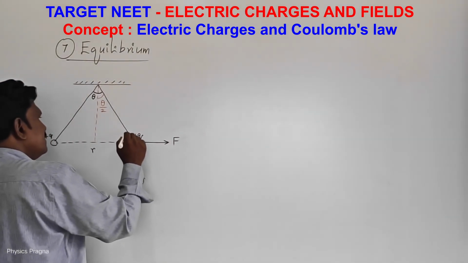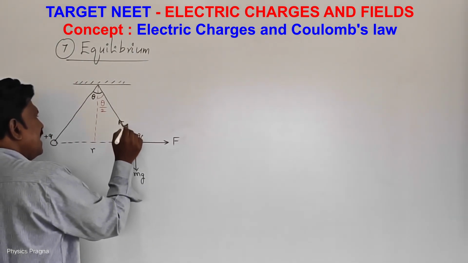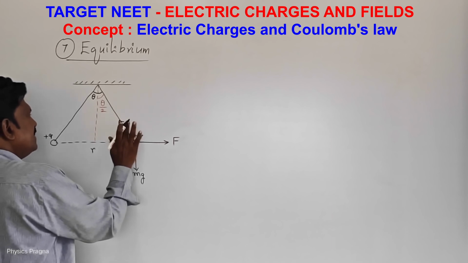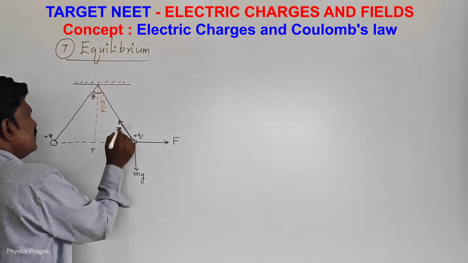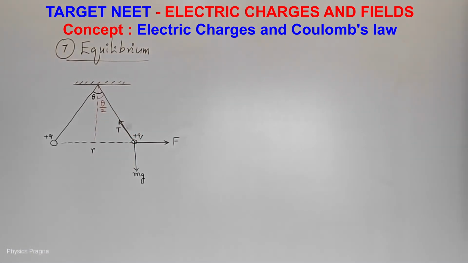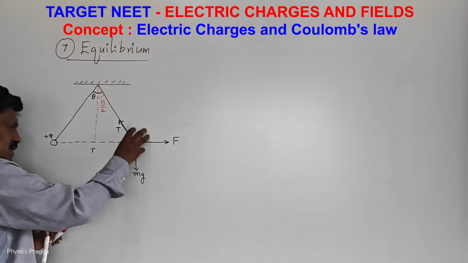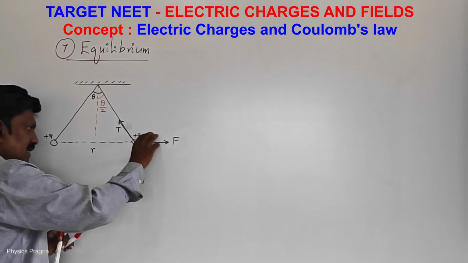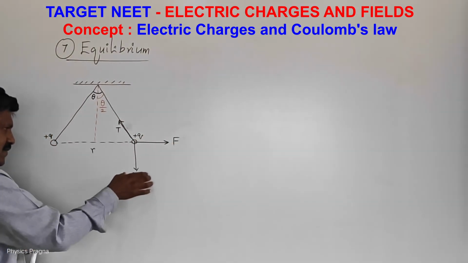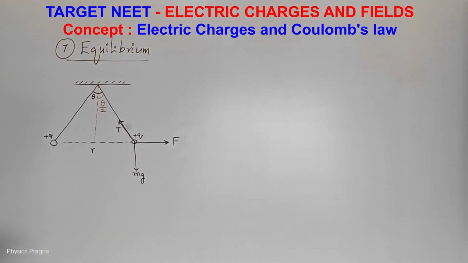In the string, tension is acting. These are the three forces acting on this one. See, these two charges are in equilibrium because of repulsion, they stay there only. So on this charge, what are the forces acting? The repulsive force in this direction, the weight and the tension in the string.